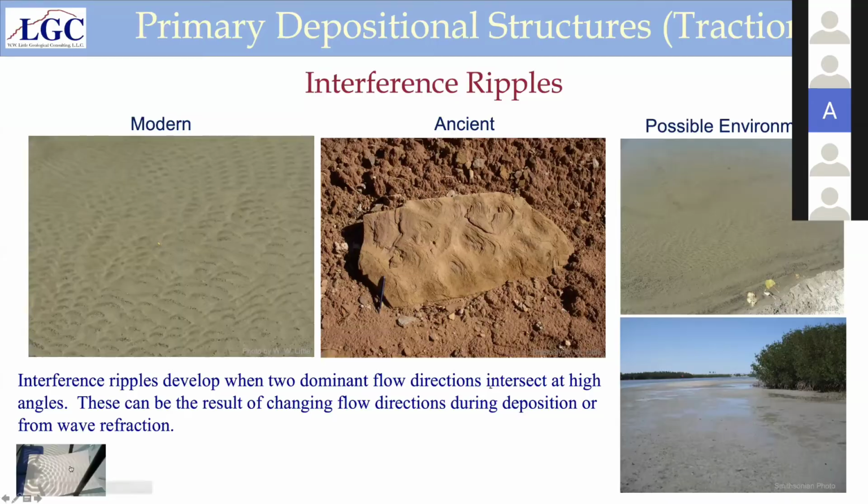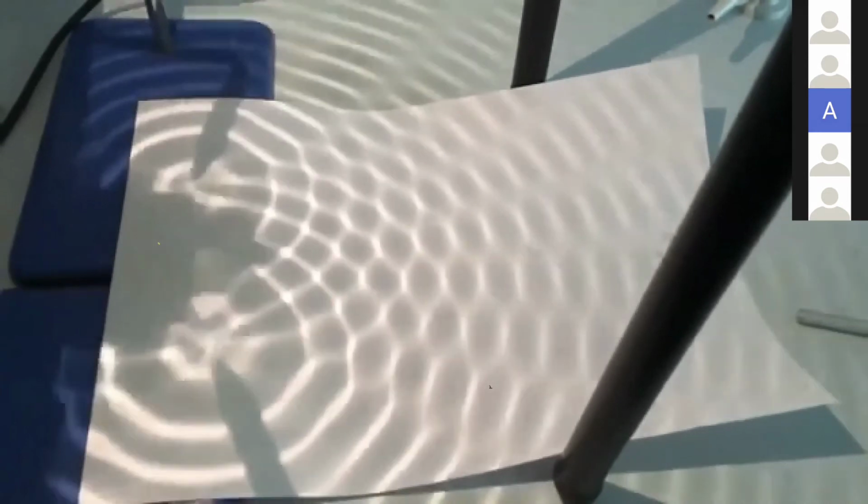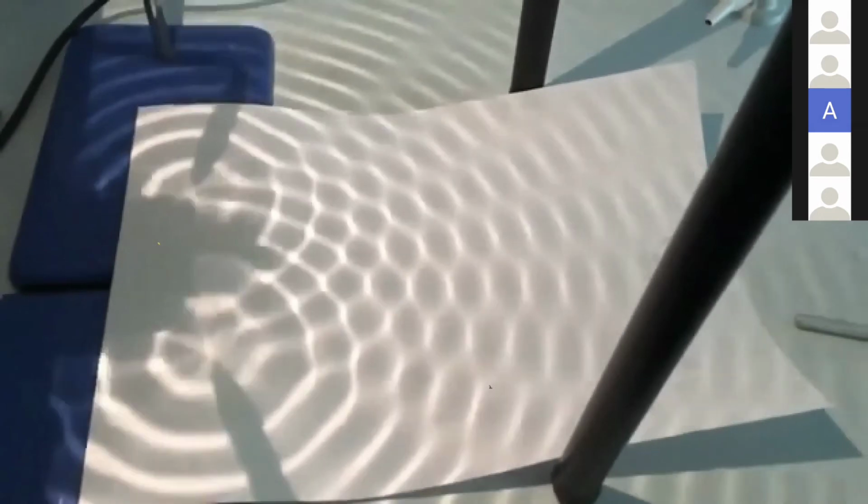This little video right here has a couple of pins that are poking down into the surface of the water, and notice that as the waves interfere with one another, they form this pattern of nodes and troughs. And these tend to form in very shallow water. And again, most of the places where I've seen them have been in tidal deposits, and I associate them with the small ponds. Okay, and that can go on for a while.